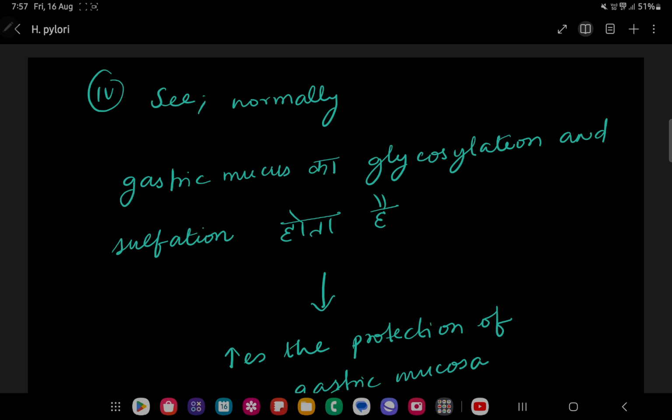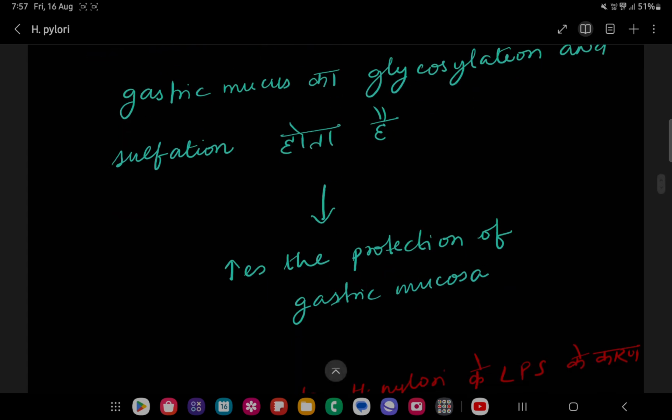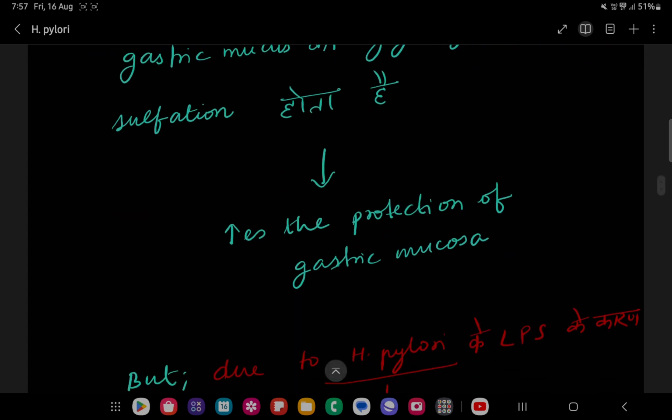See, the fourth point is very important. I will tell you what happens normally and what happens in the H. pylori case. Normally there is a gastric mucosa, and glycosylation and sulfation of the gastric mucus take place. Remember this. Understood?